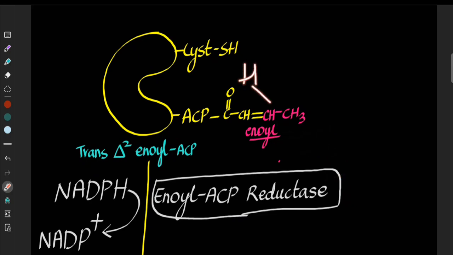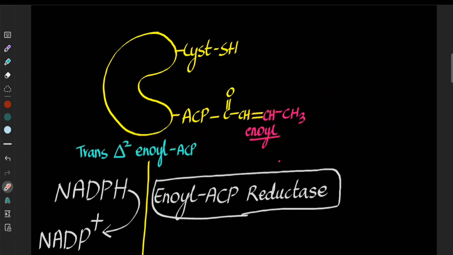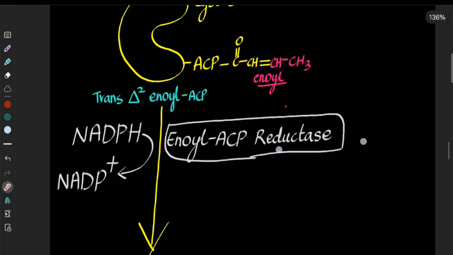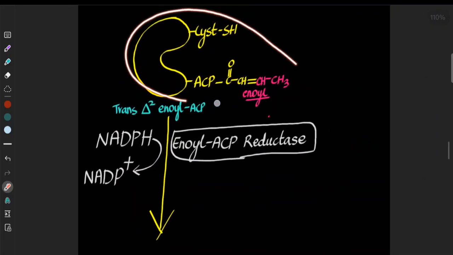And then delta 2, because the second carbon has a double bond, and enoyl because it is a double bond, and then ACP because it is attached to the ACP part of the FAS, right? Now, this is actually the result of the dehydration reaction, right?